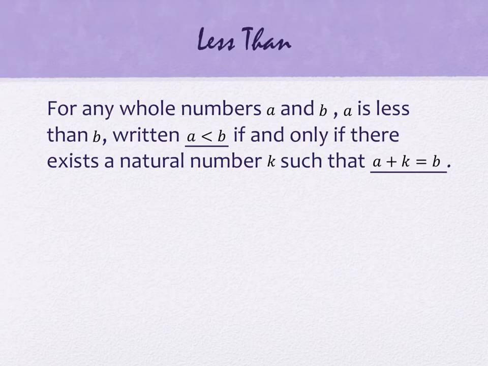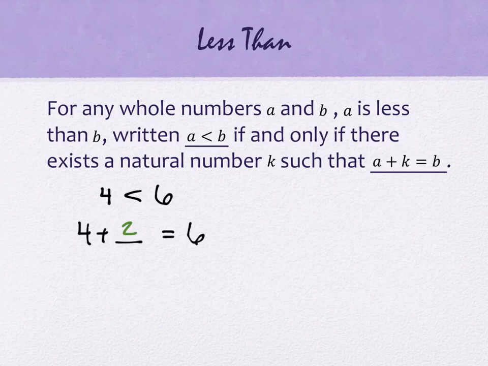So the one that they give us says for any whole numbers A and B, A is less than B, written with the symbol less than, if and only if there exists a natural number K such that A plus K is equal to B. So just with some real quick numbers, what it's saying is that the reason that 4 is less than 6 is because I have the ability to add something into the 4, a positive whole number, that's actually going to make this statement equal. And of course, that number here would be the number 2. So if I have one number that's smaller than another, I always have the ability to add something to it to make them equal.